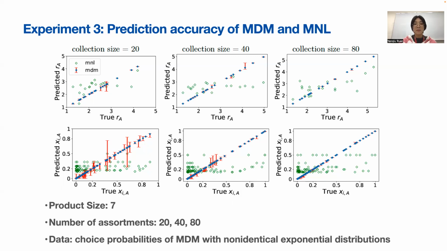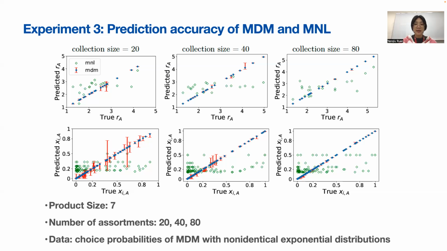We estimate the preference parameters in MML using maximum likelihood estimation, then use the estimators to predict revenue and choice probabilities for the unseen assortment in each instance. In the figure, the blue dots are the ground truths, the green squares are the results by MML, while the red range is the result by the non-parametric MDM.